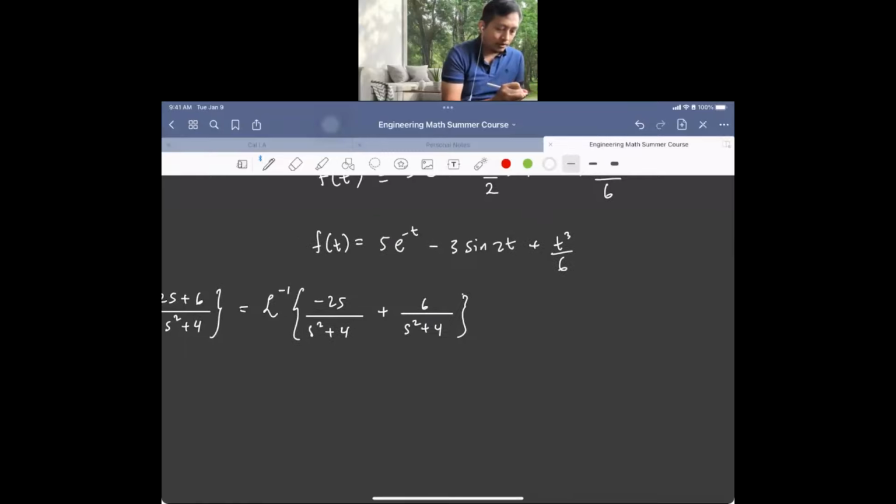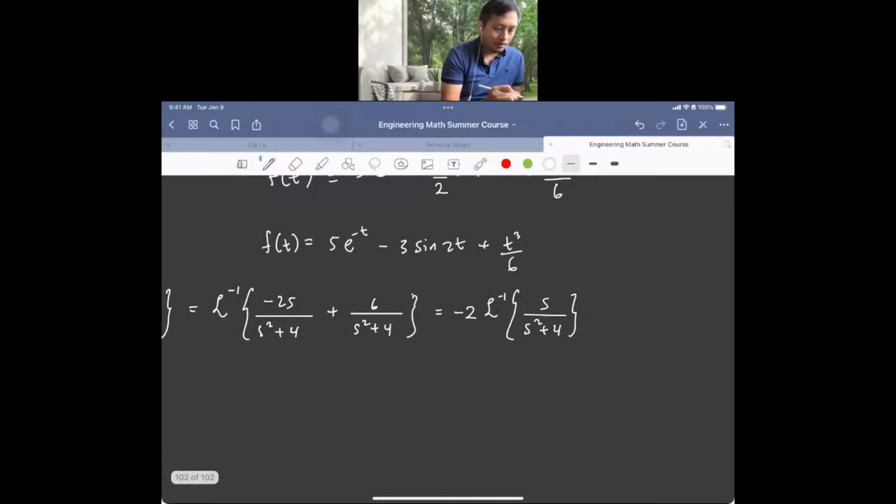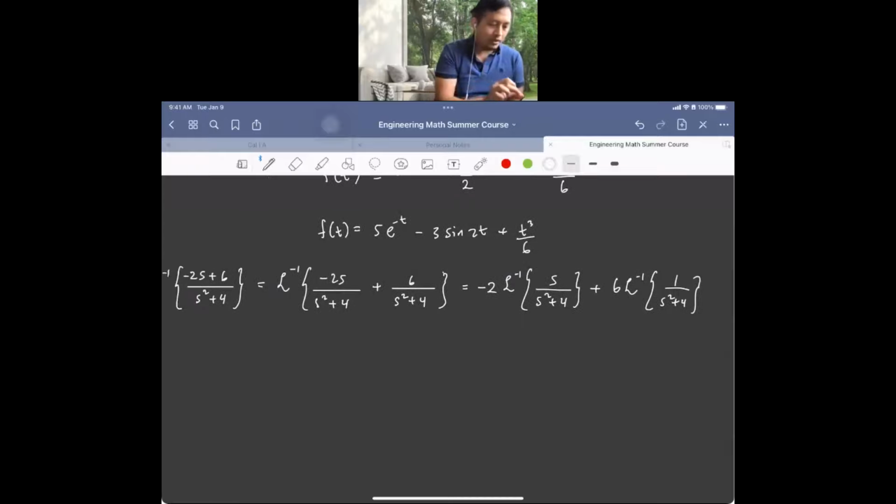Let me write slowly. This becomes this, okay, and then we can take the negative 2 outside, and then Laplace inverse of s over s squared plus 4, and then plus 6 Laplace inverse 1 over s squared plus 4.